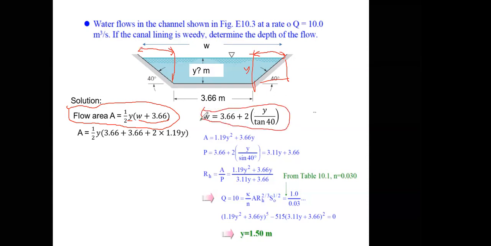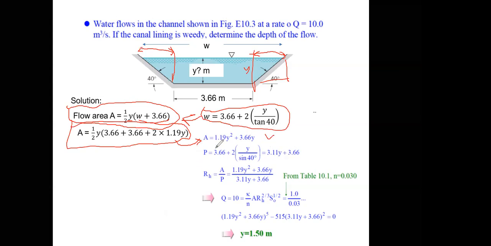If you substitute this into these equations, you can get the area, or if you simplify, into this. So A is equal to 1.19 y squared plus 3.66 y. Leave it there because we don't know what y is. We want to know what y is.